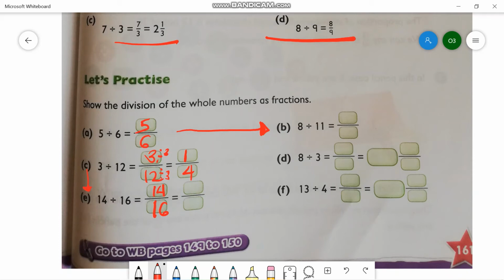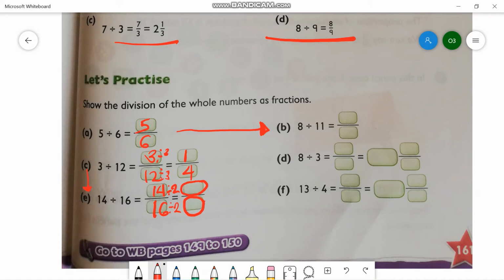So what is the common factor that we can divide for both 14 and 16? We can divide it by 2. Okay, so 14 divided by 2, write your answer here. 16 divided by 2, write your answer here. And you got the lowest term.